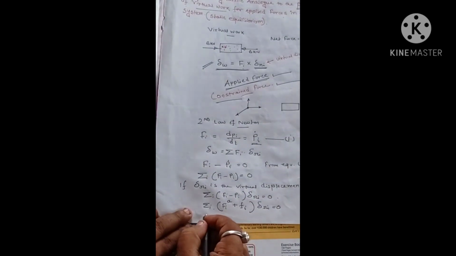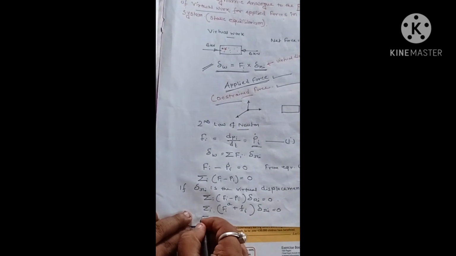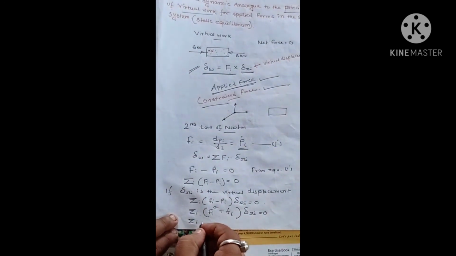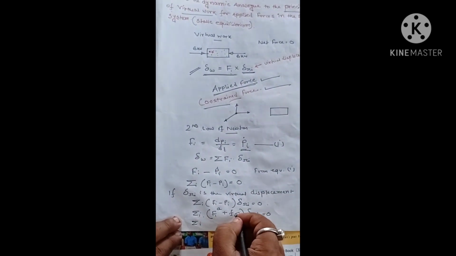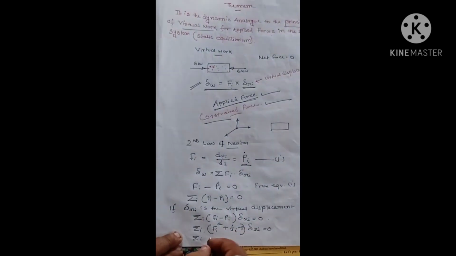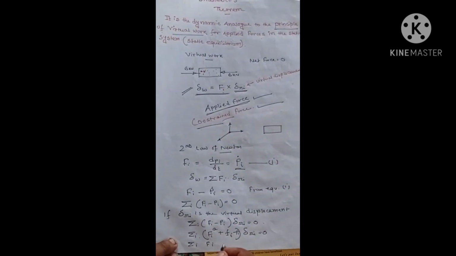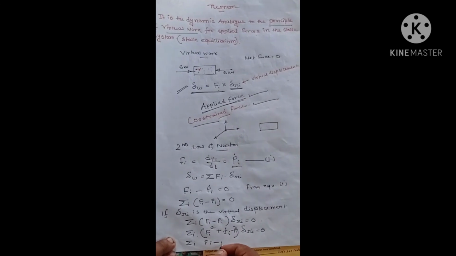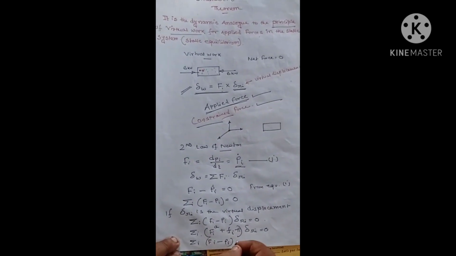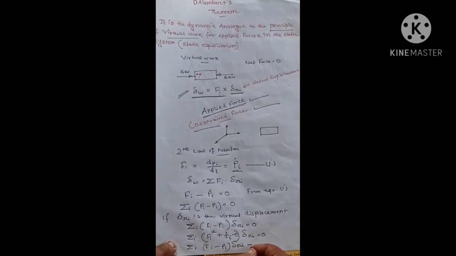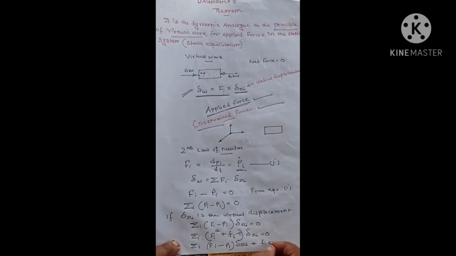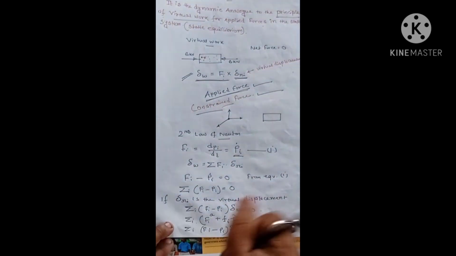Now you can see what will happen. Summation over i of Fi applied minus p dot i into del Ri, plus Fi constraint into del Ri, equals 0.